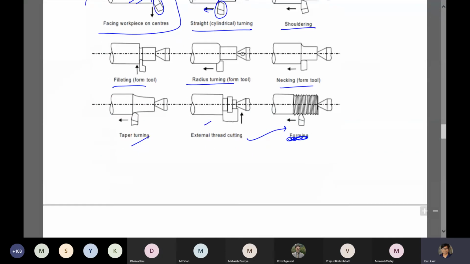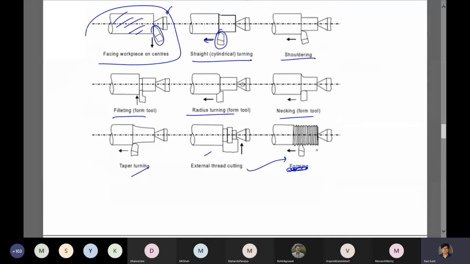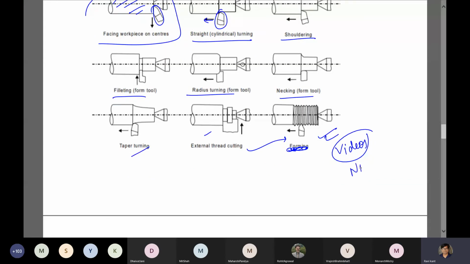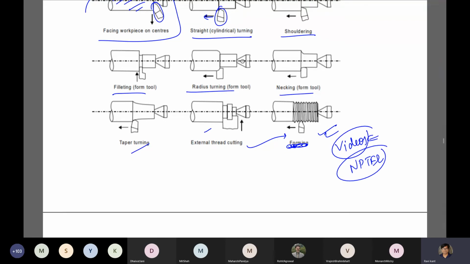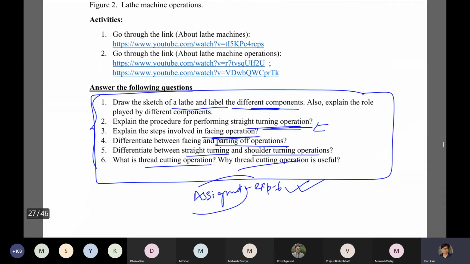We can also thread through these sorts of operations, and you will be able to visualize it more clearly if you watch some videos on YouTube or NPTEL lectures, which I would suggest, or some animation videos. And yes, that's it.